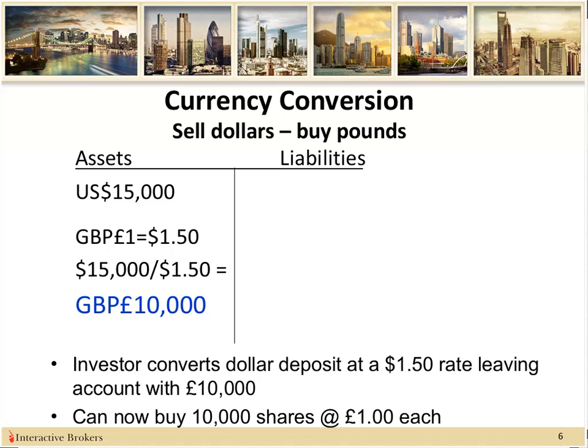At the time of the trade, the exchange rate between the US dollar and the British pound is exactly $1.50, so that £1 buys $1.50 US. Conveniently, 10,000 shares in this case will cost the investor 10,000 British pounds or 15,000 US dollars. The investor decides to convert this precise amount by using $15,000 to purchase 10,000 British pounds, allowing him or her to settle the share purchase in full in British pounds.